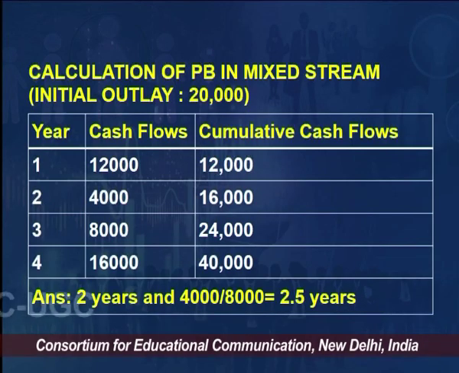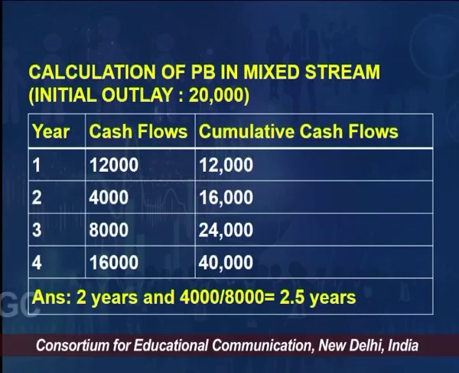So what would be my cumulative cash flows? 12,000 in the first year, second year would be 12 plus 4, 16,000, third year would be 16 plus 8, 24,000, and fourth year would be 24 plus 16, 40,000. So total cumulative cash flows over 4 years are 40,000. How much am I expecting to recover? 20,000, right?